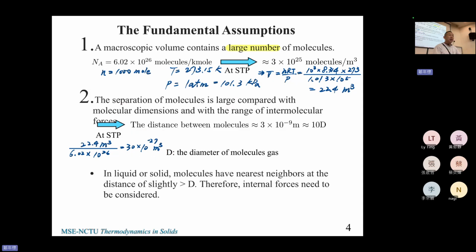If we treat that as a cube, we take its cubic root.